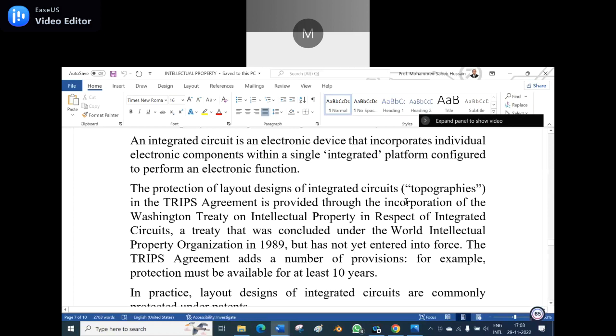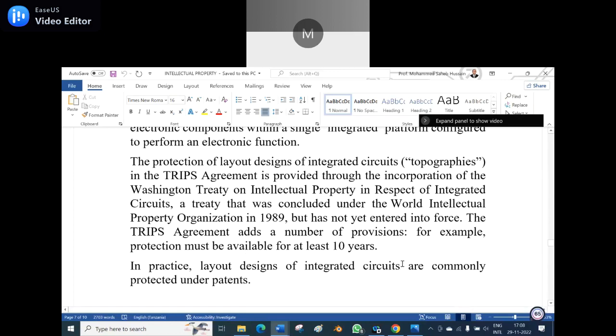Also, there is a treaty that was concluded under the World Intellectual Property Organization in 1989. Whether the TRIPS agreement or the Washington Treaty on Intellectual Property in respect of Integrated Circuits is concerned, the TRIPS agreement adds a number of provisions. For example, protection must be available for at least 10 years. So if a person has invented a new thing, his monopoly would be there for at least 10 years.